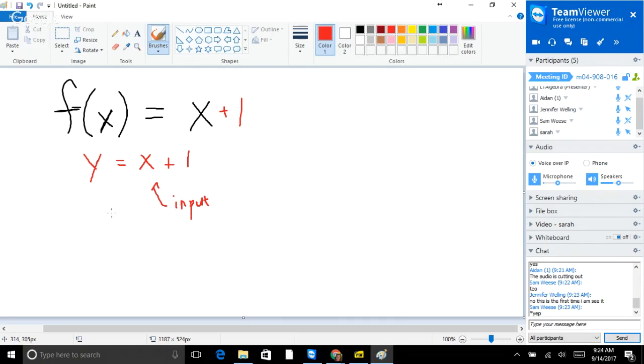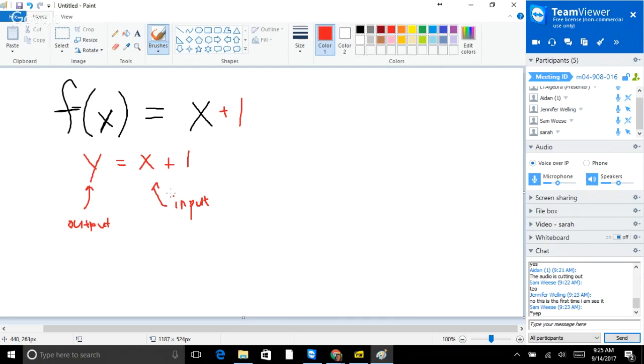And then y is our output. That's what we get out of the function or the equation. And we call that our dependent variable because it depends on what you put in. All right.